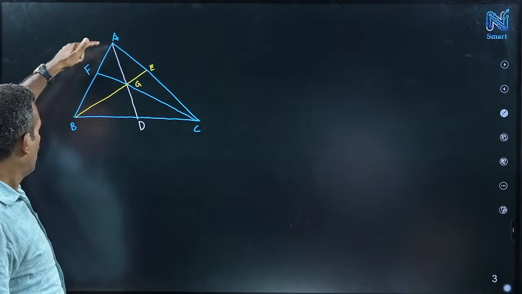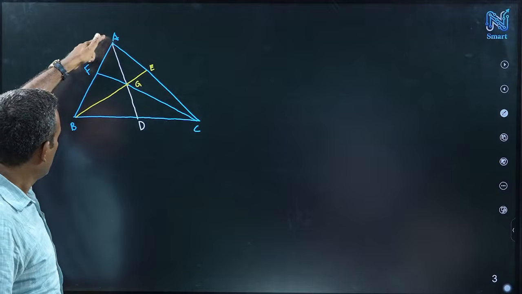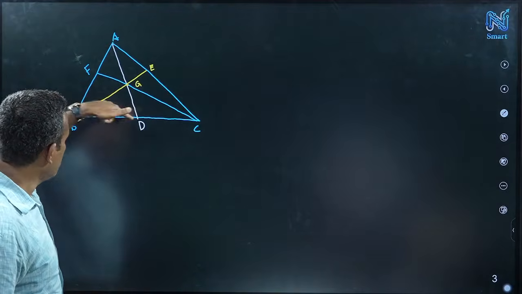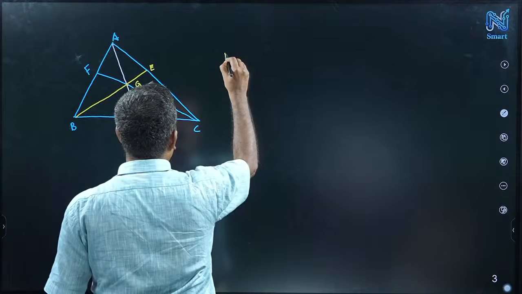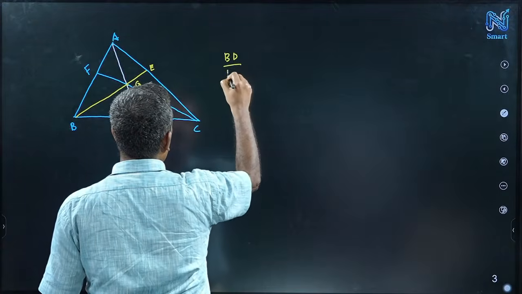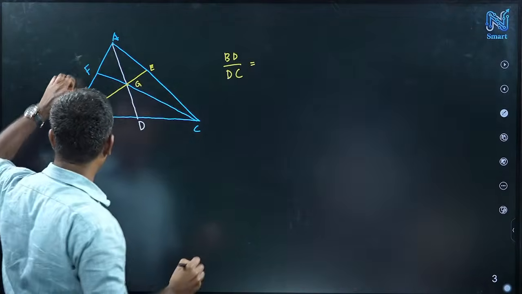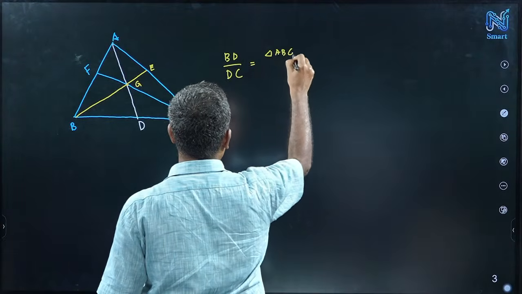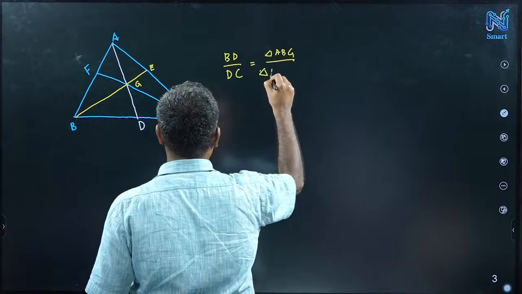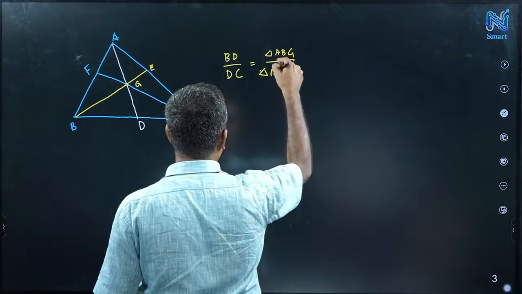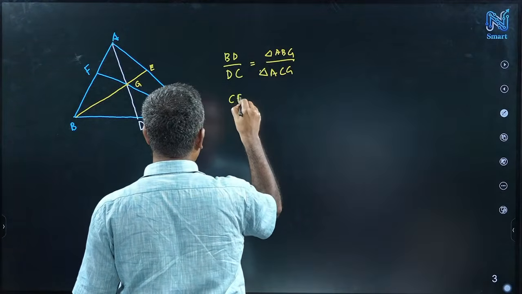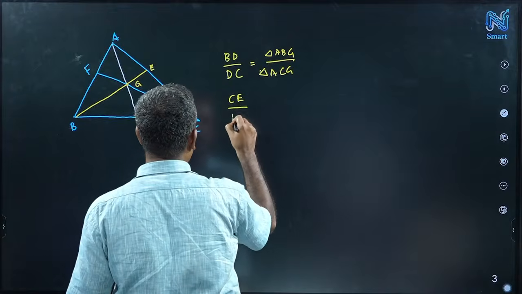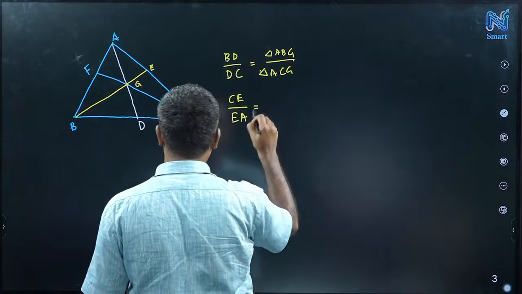Now we compile all these three. So what will we get? What is BD by DC? It is the area of ABG divided by the area of ACG. Same thing, now CE by EA, what is that?